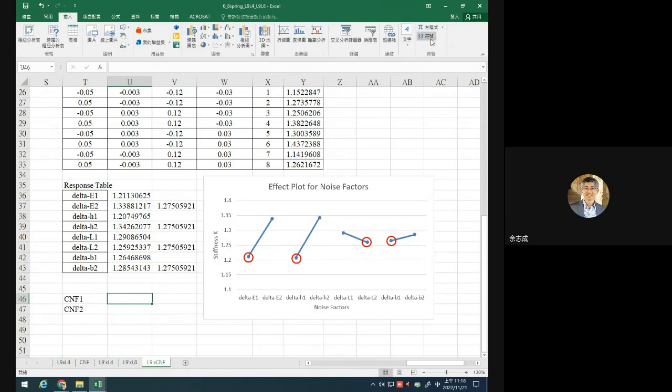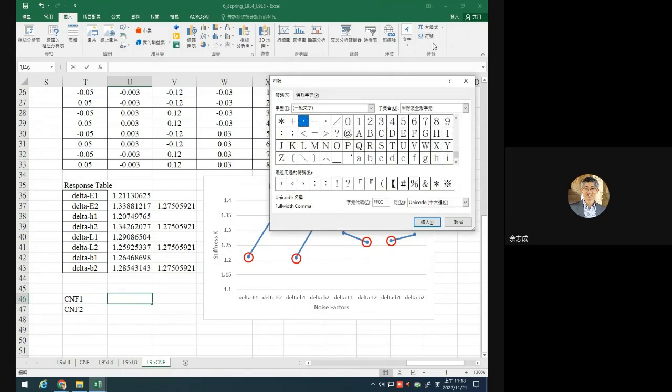Let's insert the symbol, so I don't need to type delta. It is right here.